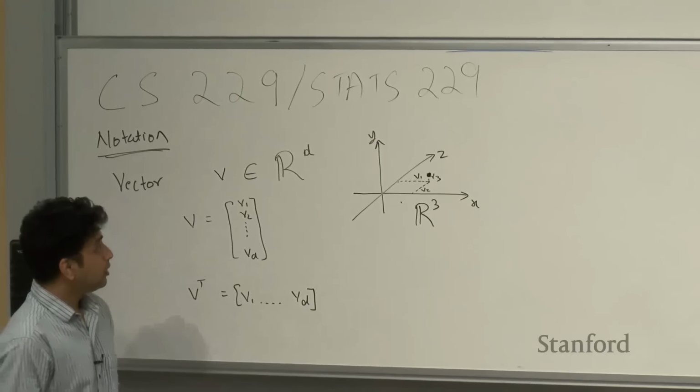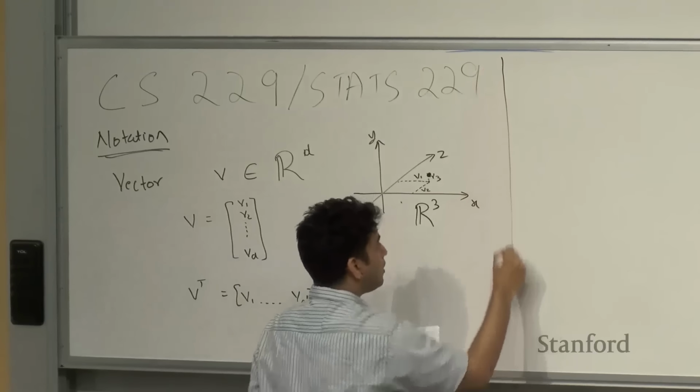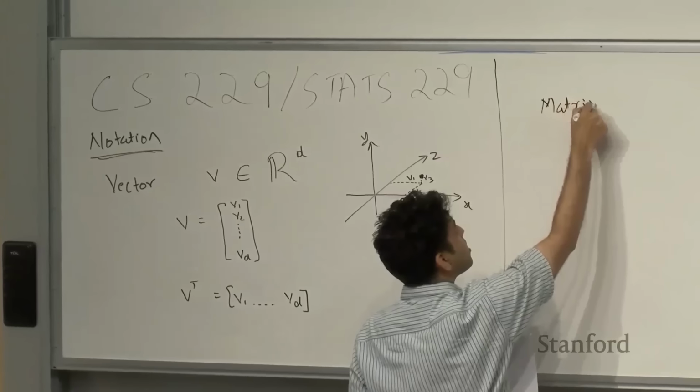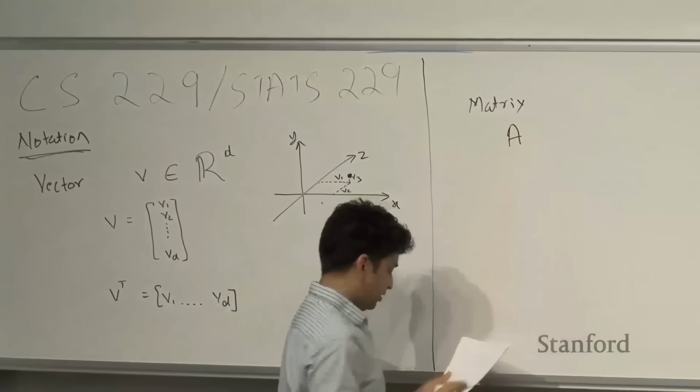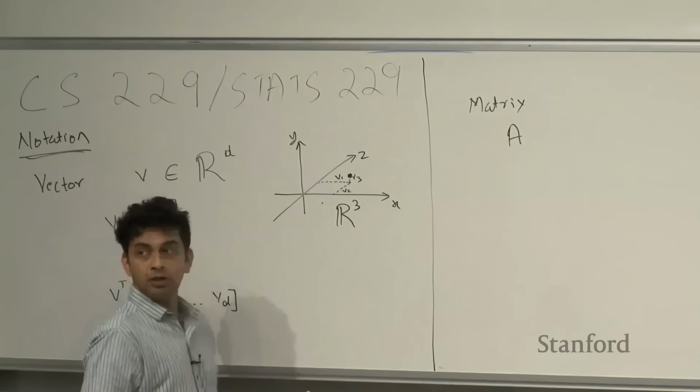Similarly, we also have a matrix. We write matrices with a letter, let's call it A. Generally for matrices we use capital letters, and for vectors, we use small letters.